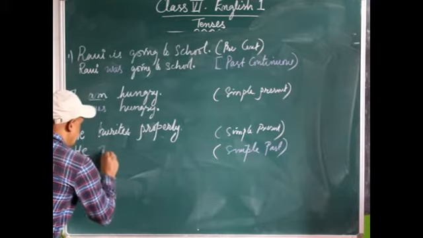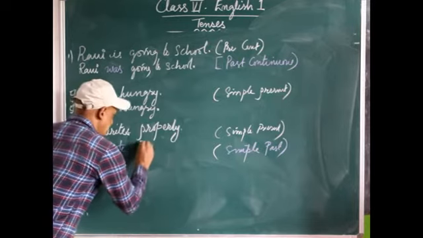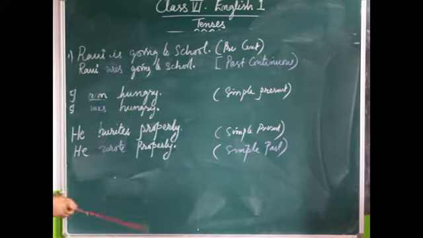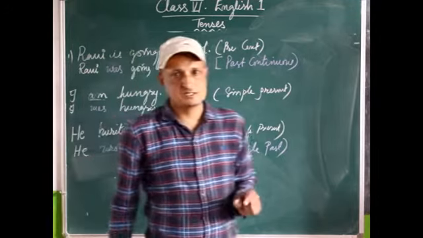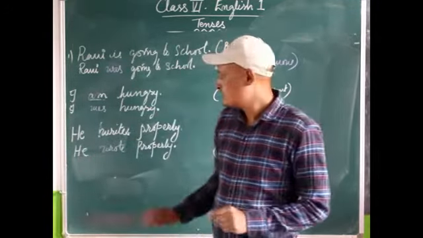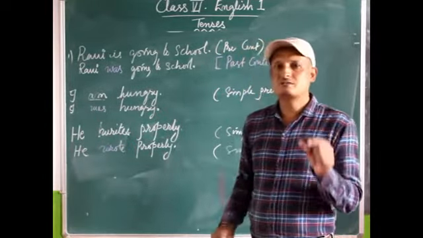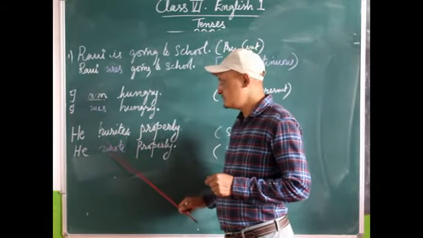He wrote properly. Now why writes here? Why s? Because the sentence here is in third person singular, and in third person singular in the simple present the verb takes s. But in the case of simple past, we just write the past form of the verb. The past form of the verb write will be wrote.